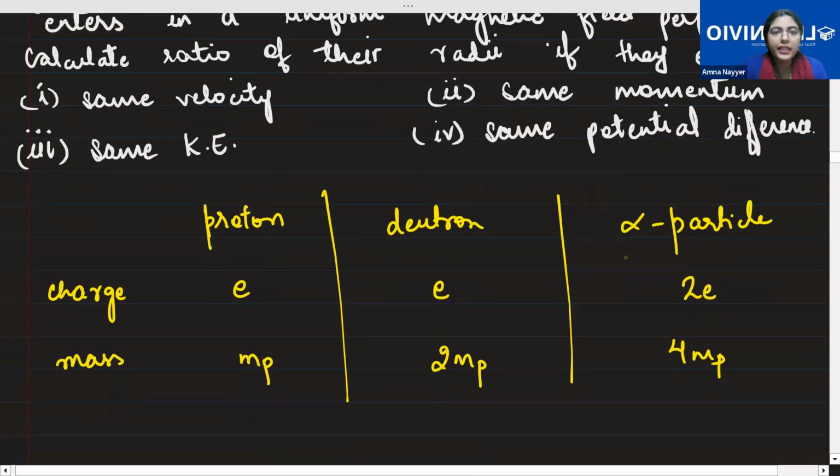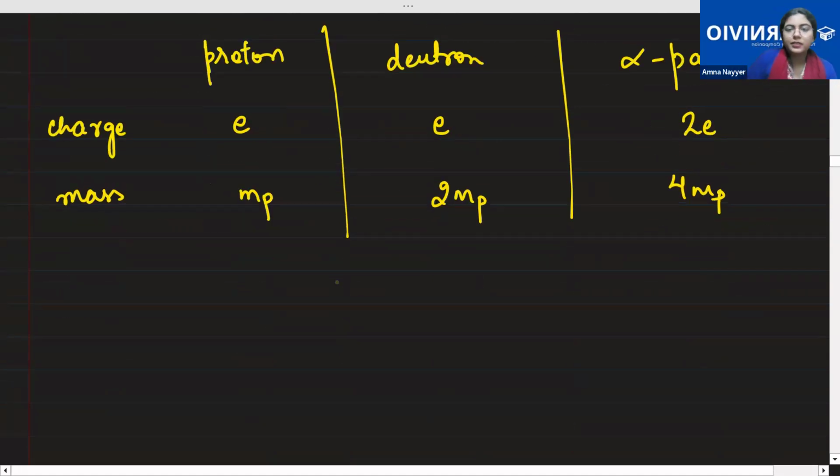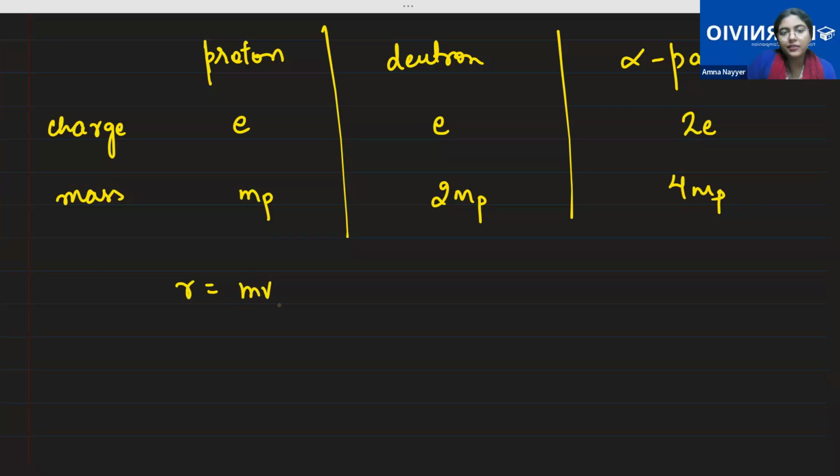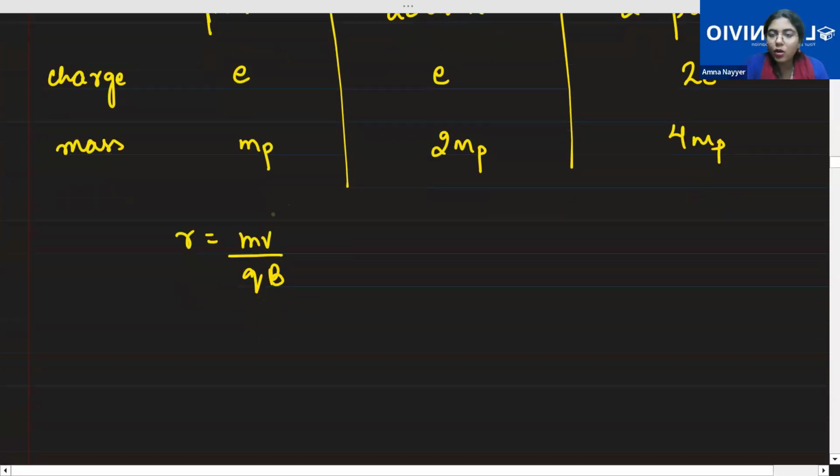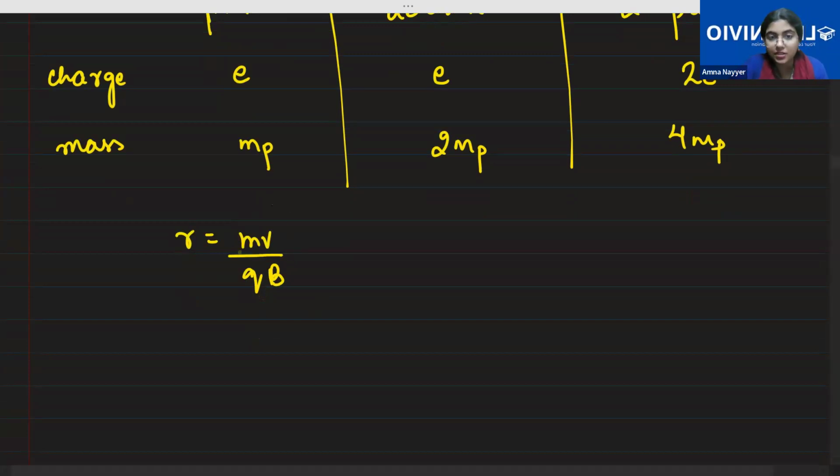Now, the ratio of the radii if they enter with the same velocity. Radius formula we did, remember, mv divided by qB is the formula that we have discussed. So we'll be using this. That's why I said, see, velocity, mass, charge, magnetic field. We need mass and the charges.